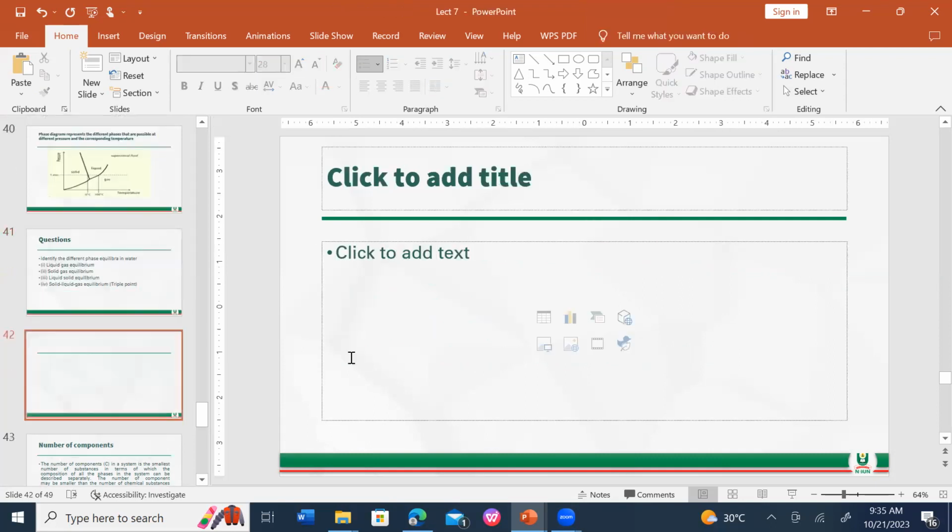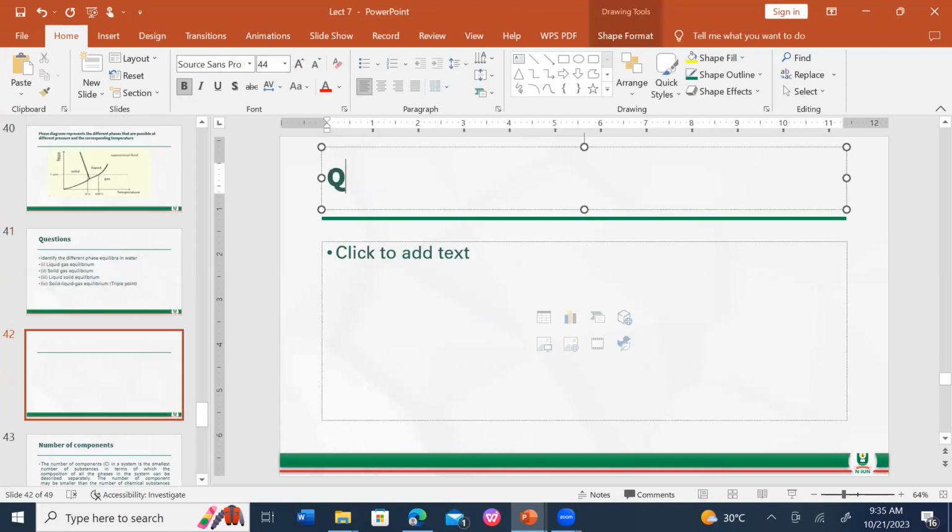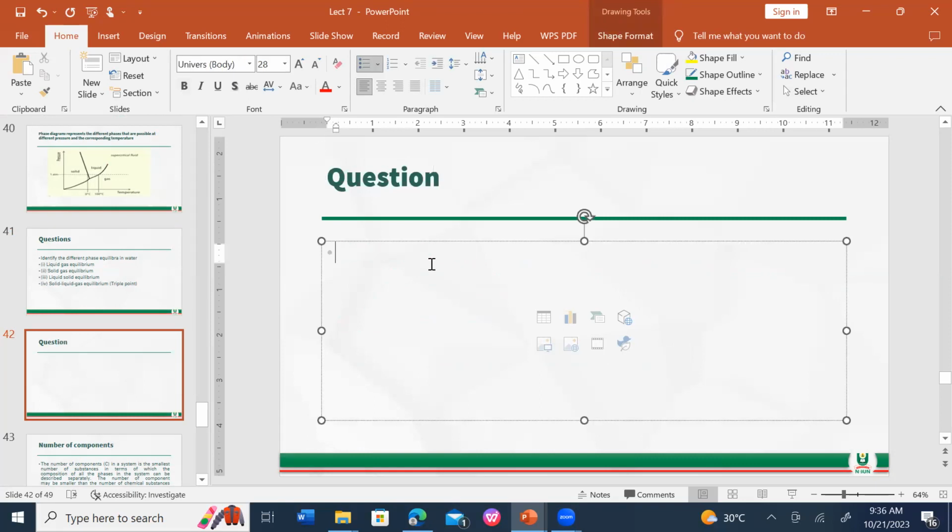So now let's look at another question. What are the critical point and supercritical fluid?